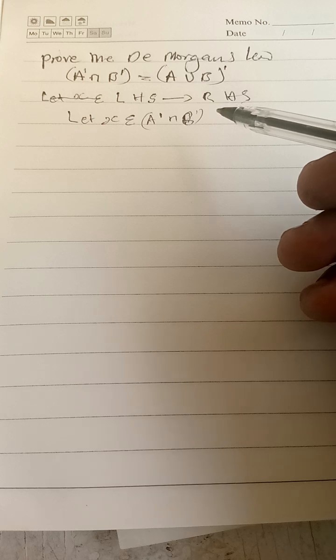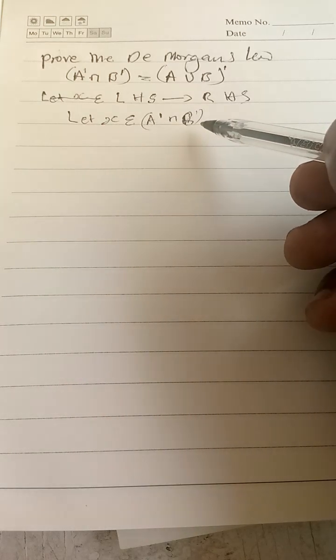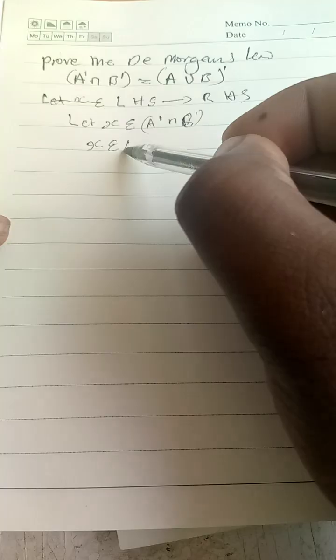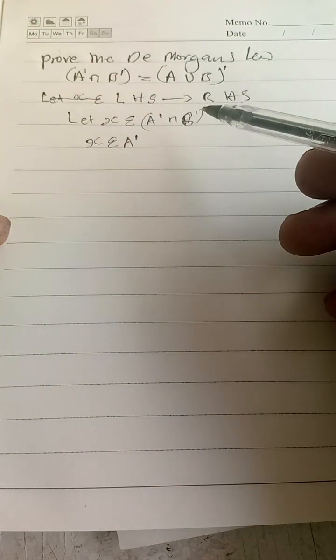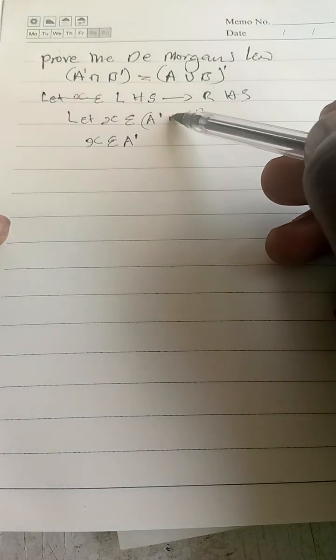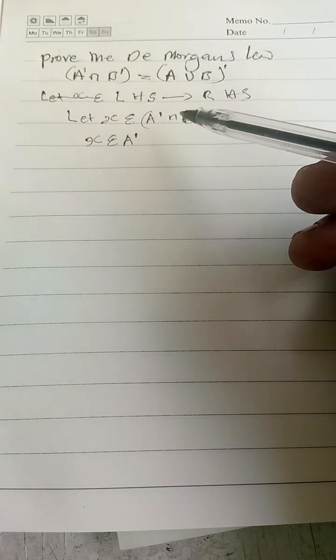The first step is expansion. So we're going to expand by saying x is a member of the complement. Now remember, the n inside here will be replaced: n is equal to and.